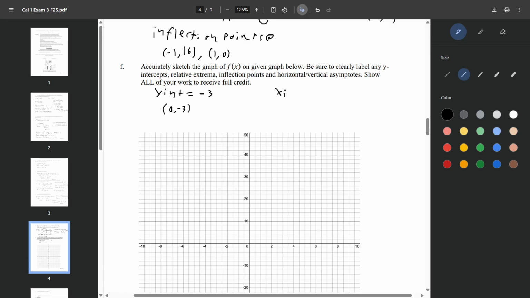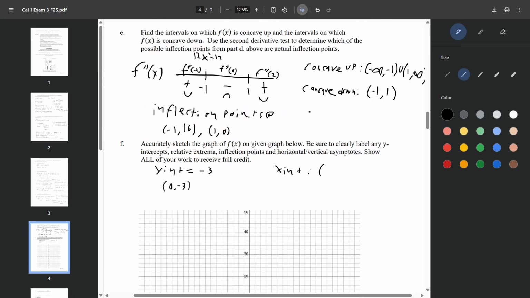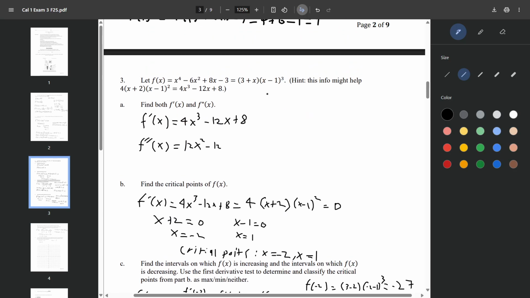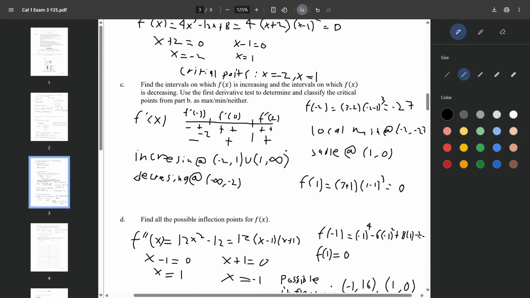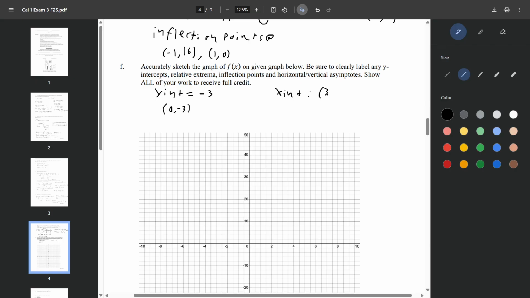And for our x-intercepts, it's probably best to use the factored form, 3 plus x times x minus 1 cubed, and set this equation equal to 0.